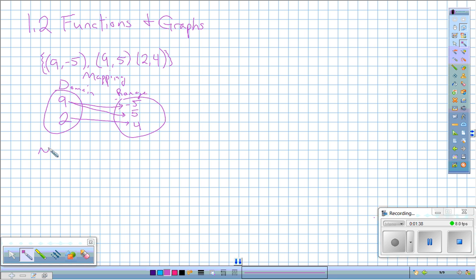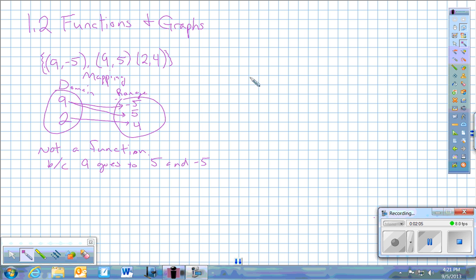The answer for this one is not a function, because 9 goes to 2 numbers. So I'm going to write because 9 goes to 5 and -5.